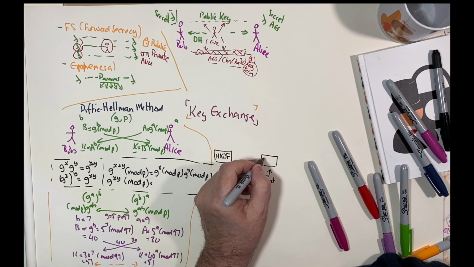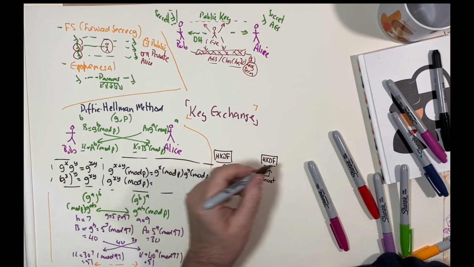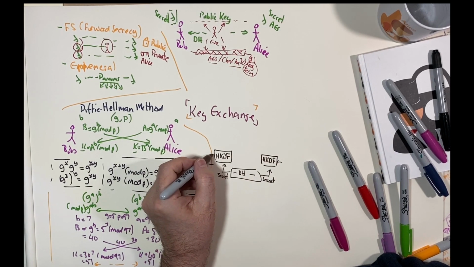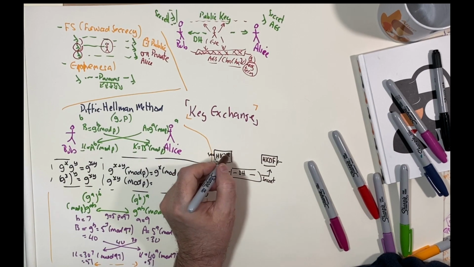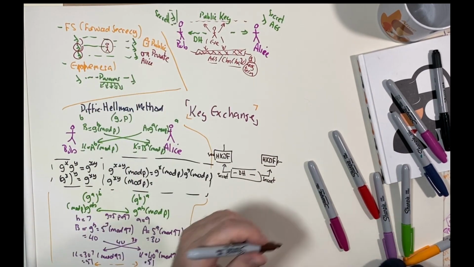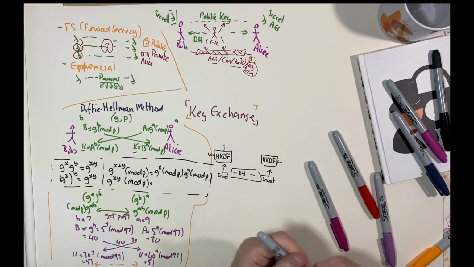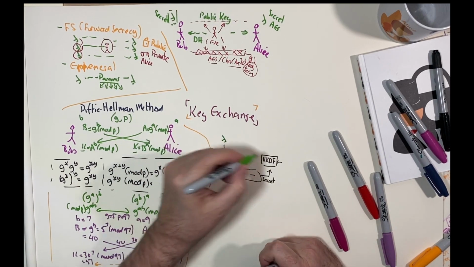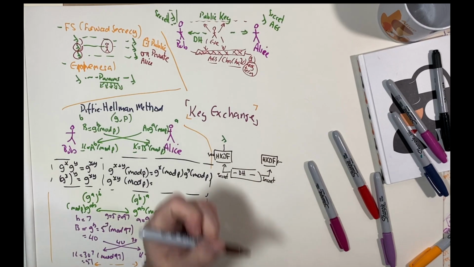On either side, same function. And if we want, we can add some salt into this. And that will create our secret key that we're going to use here.